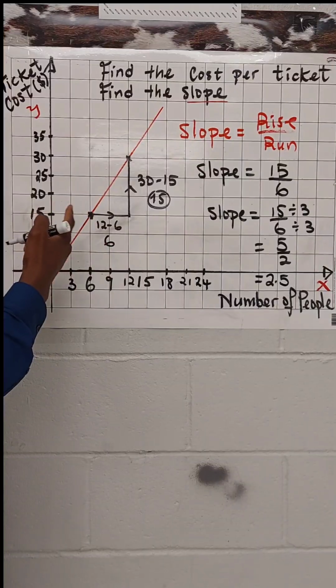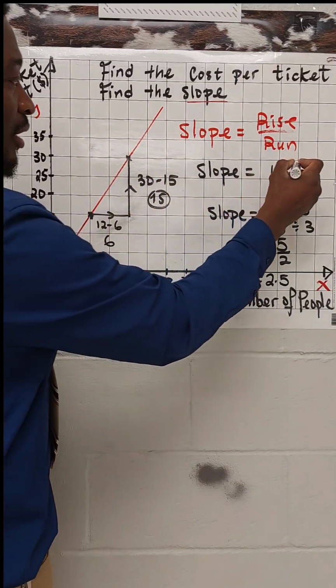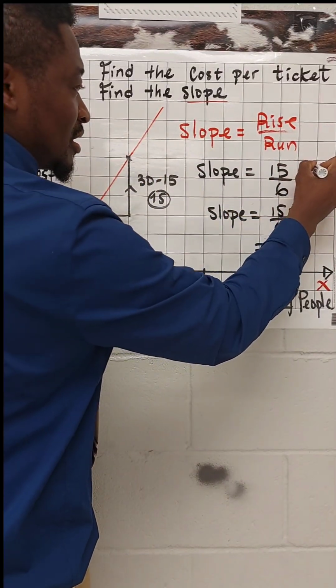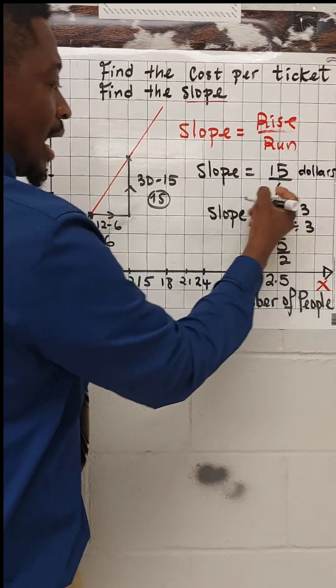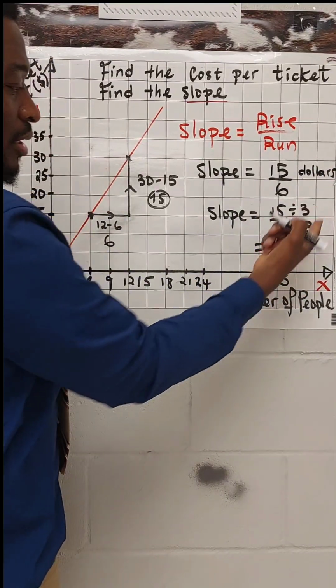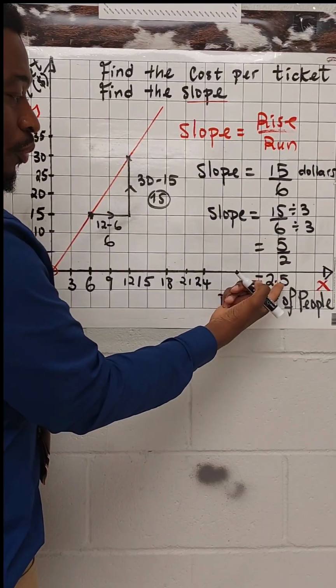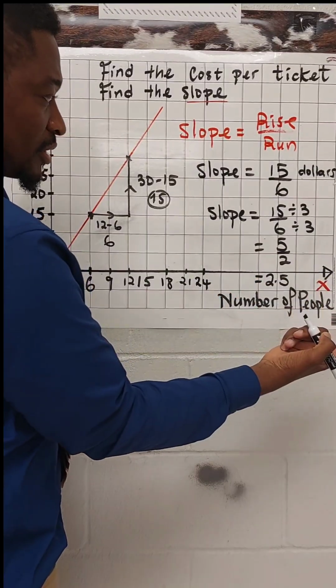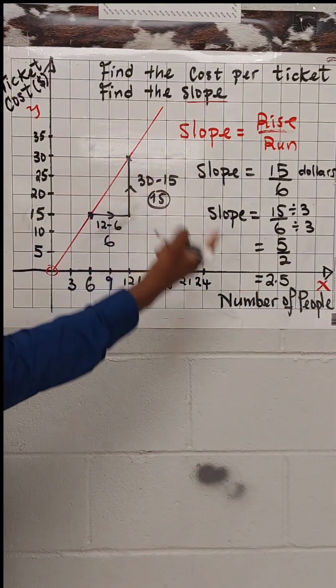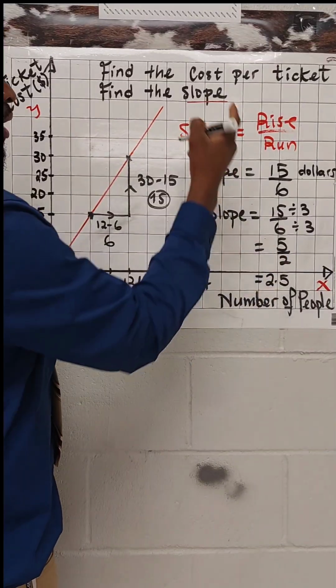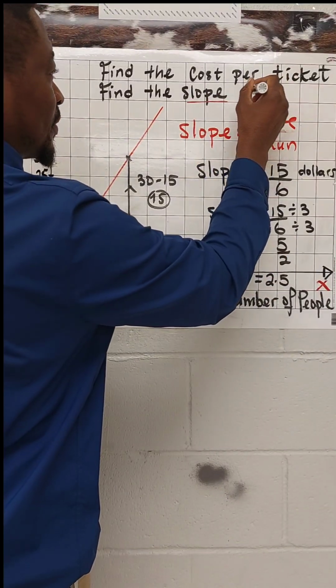Okay, so in this scenario, this numerator is money in dollars. So this is $15 out for 6 people. So if we divide, now we have $2.5 per person. So the unit rate, which is also the same as the slope, is $2.5 per person.